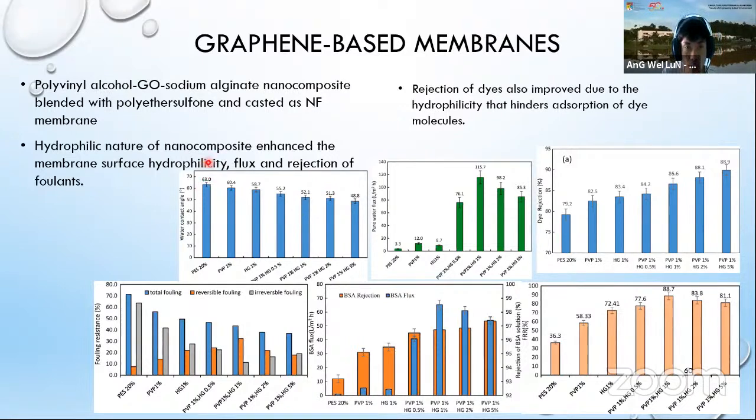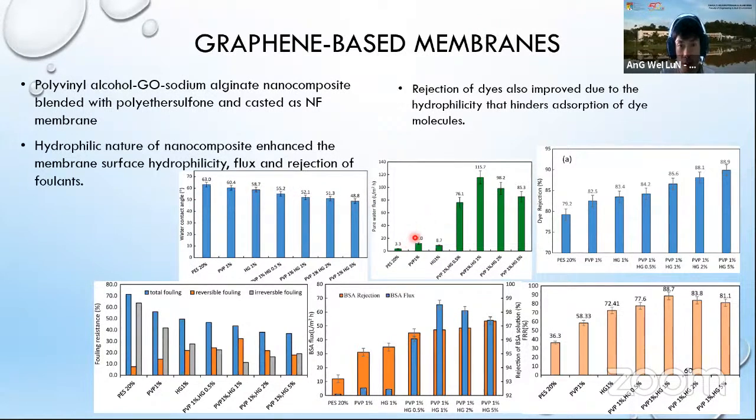When a water droplet is dropped on the surface of the membrane, if the angle of the droplet is smaller, it means the surface is more hydrophilic. You notice that when the pure membrane is incorporated with graphene oxide, the contact angle actually decreases.